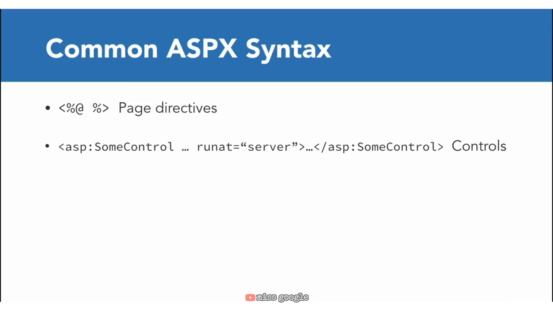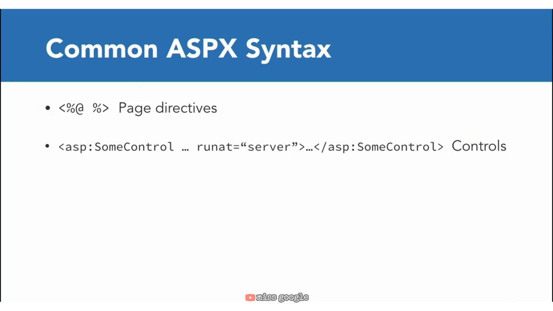So it will be sent to the preprocessor and it will look for a control called some control. Now asp colon is a prefix, and the prefix is registered in such a way that ASP.NET knows to look for a control called some control in a specific namespace.